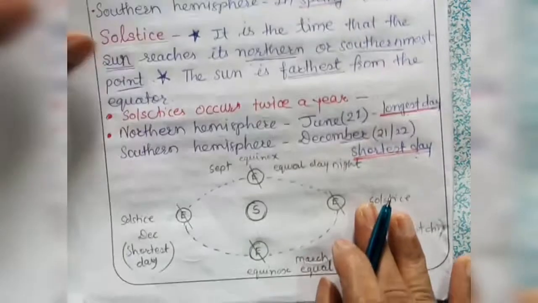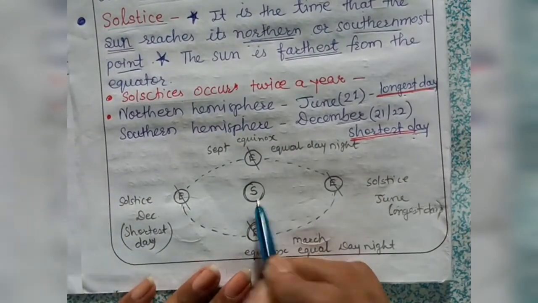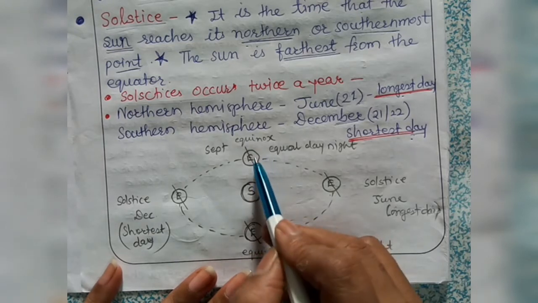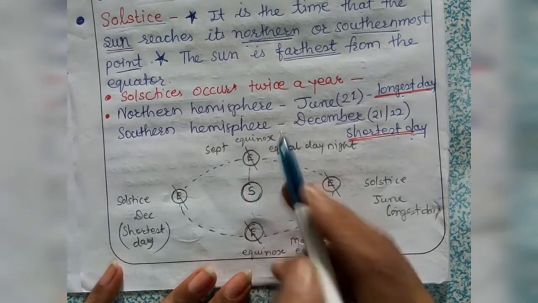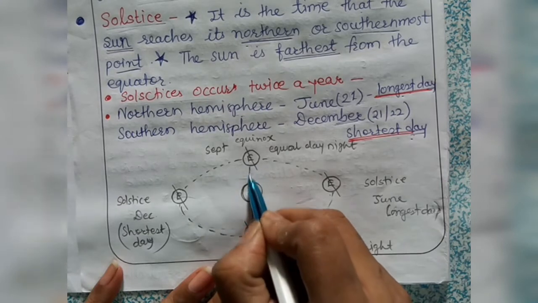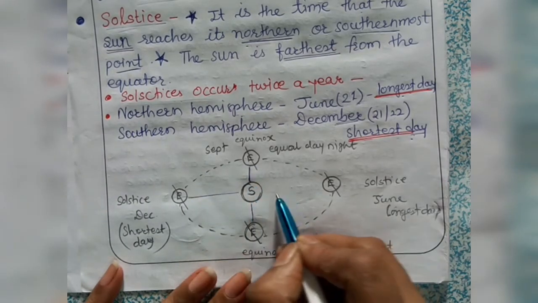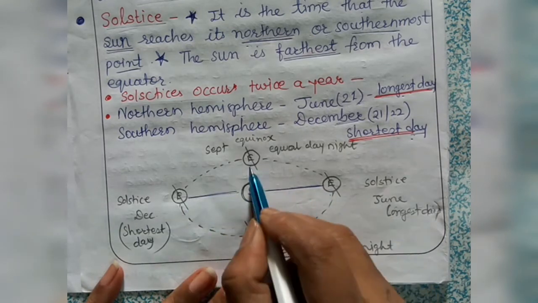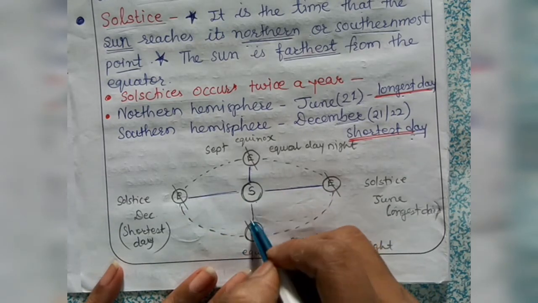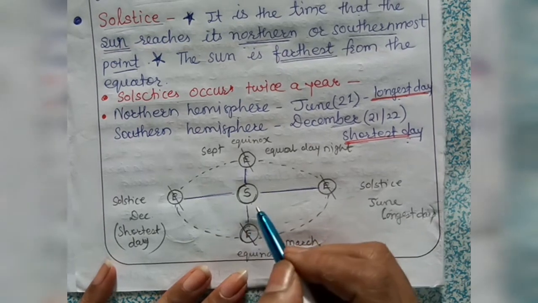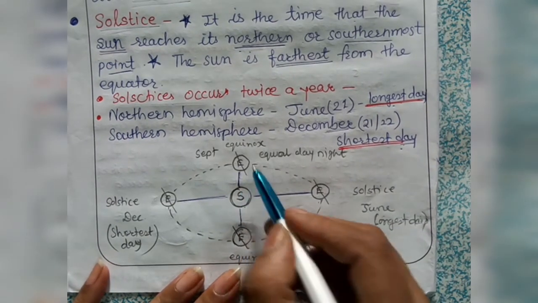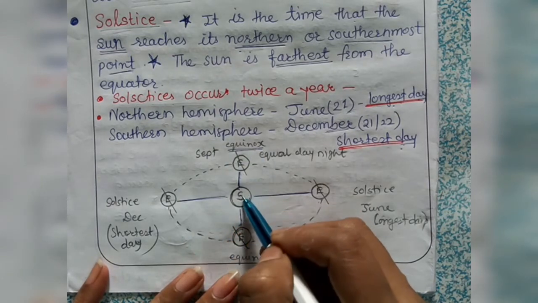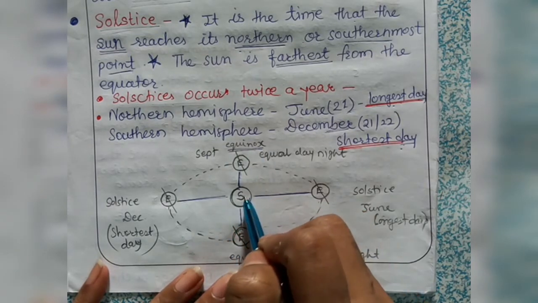Now you can see here in the diagram, this is the sun, these are the 4 positions of the earth. Here you can see this distance is less compared to this distance. These two positions and these two positions, you see this distance is less, and we have just read that at the time of equinox, the distance between the earth and the sun is the shortest.